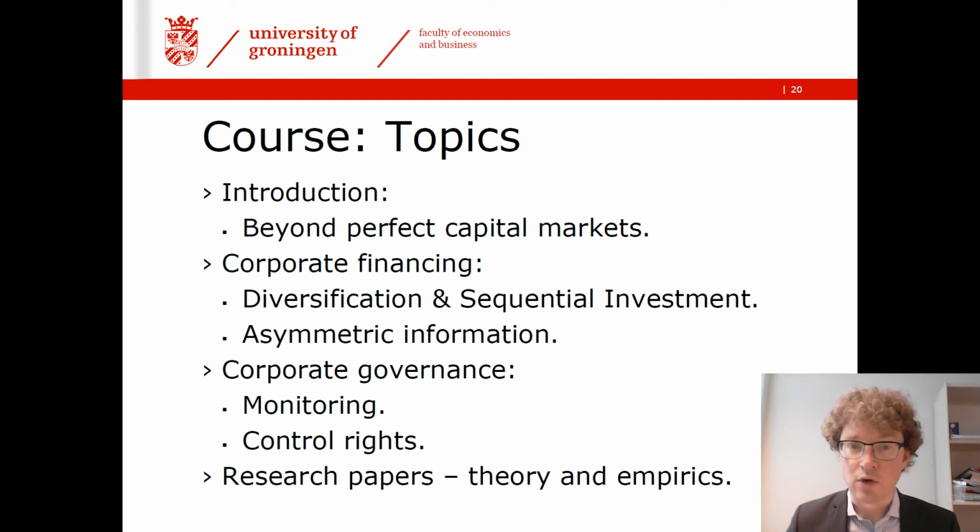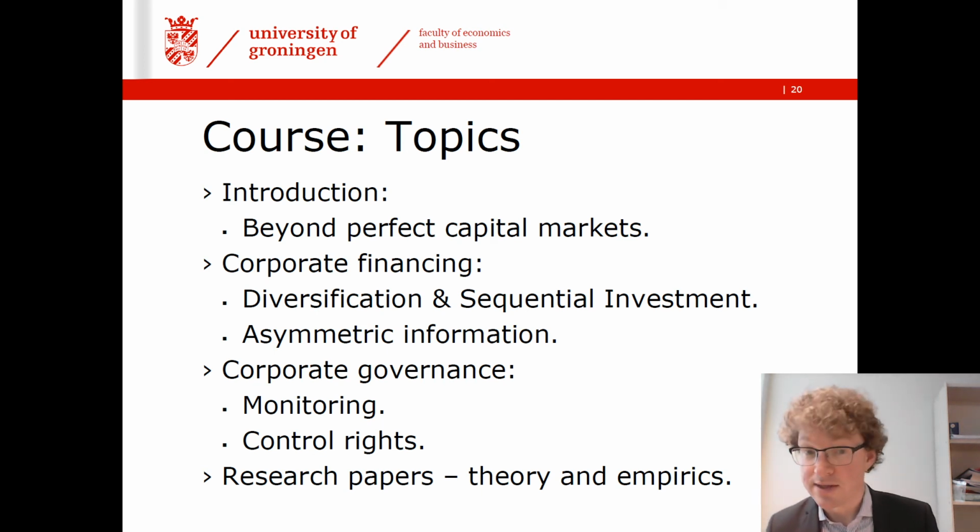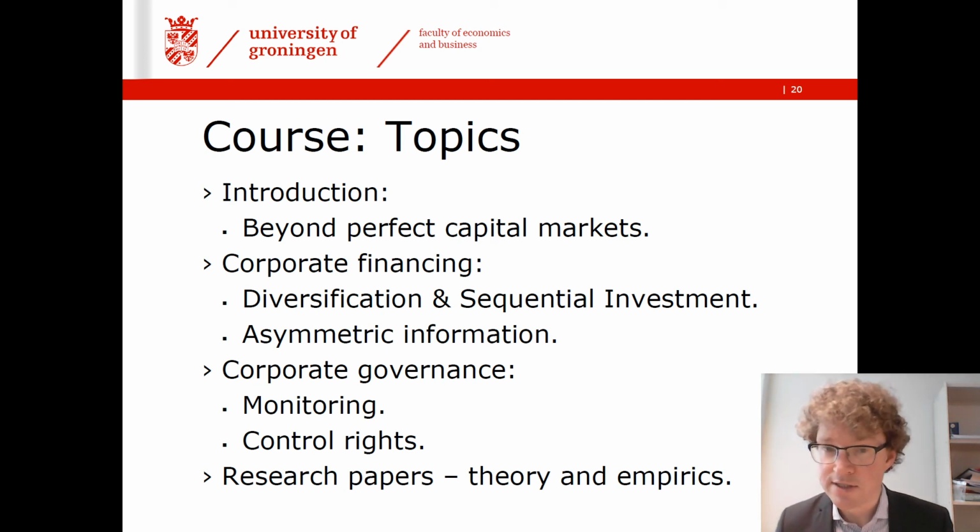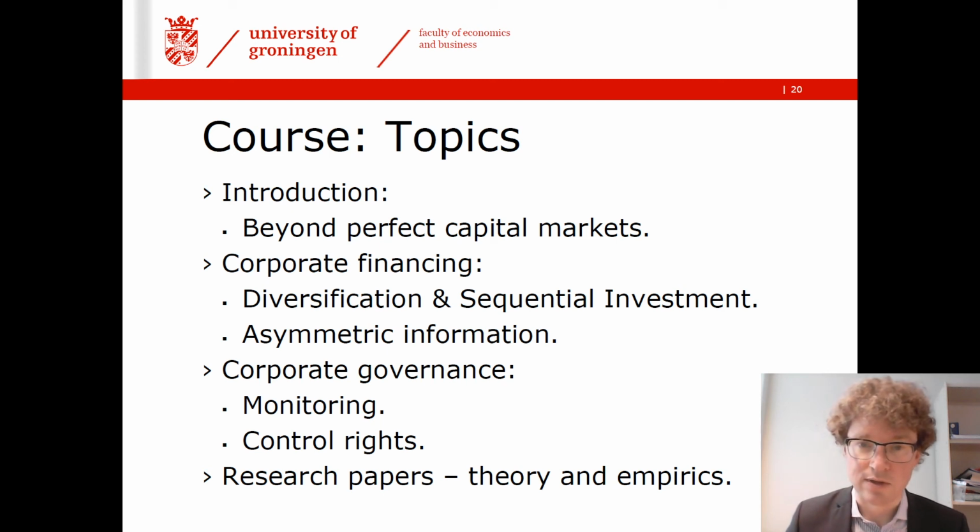Then we'll be looking at corporate financing. In the next weeks, we'll look at diversification, sequential investments, and asymmetric information or hidden information, adverse selection as I called it before. We will look at corporate governance, so monitoring and control rights, and a little bit of earnings manipulation as well. Then we'll look at research papers, which might still have a little bit of theory but also a lot more empirics relating to this theory.